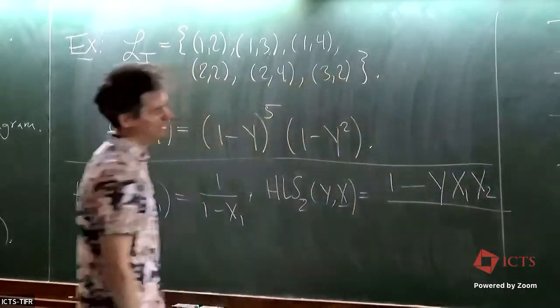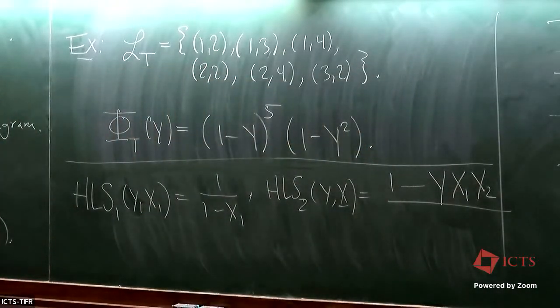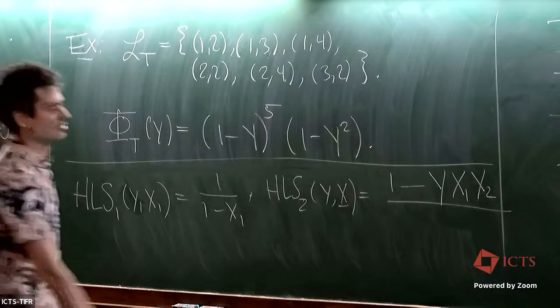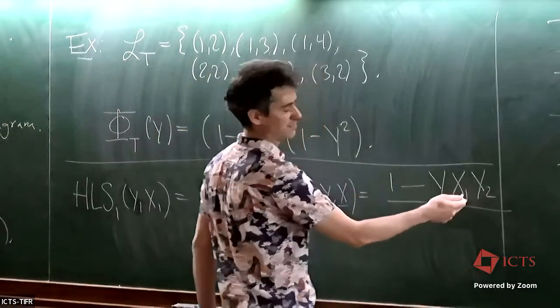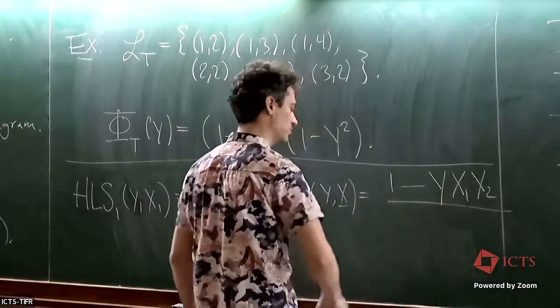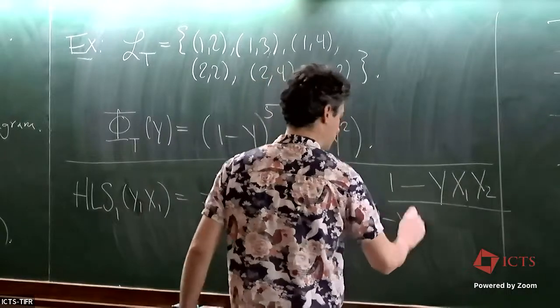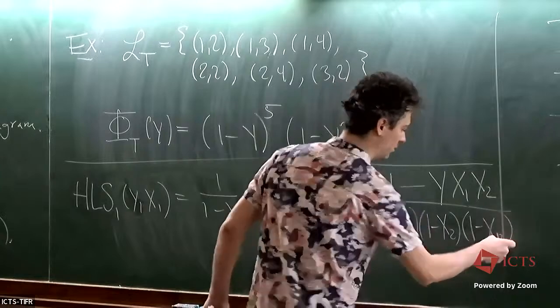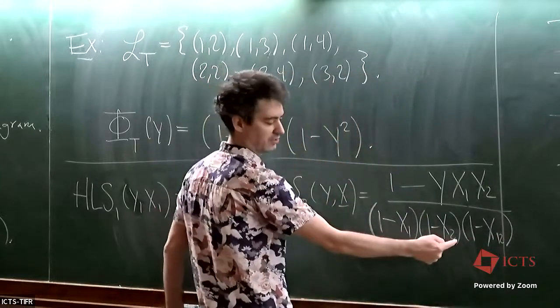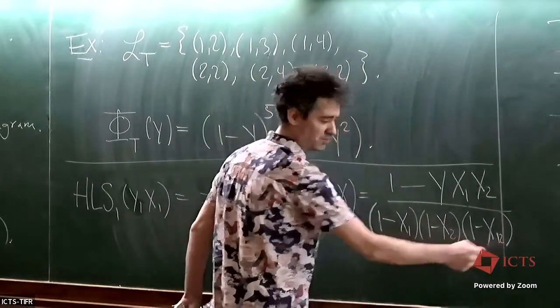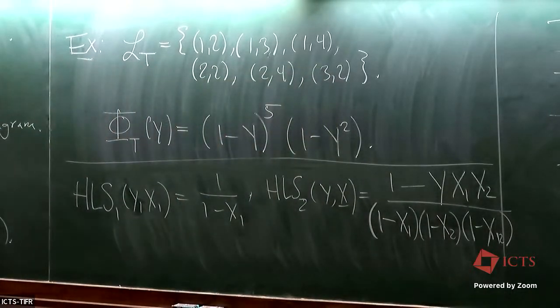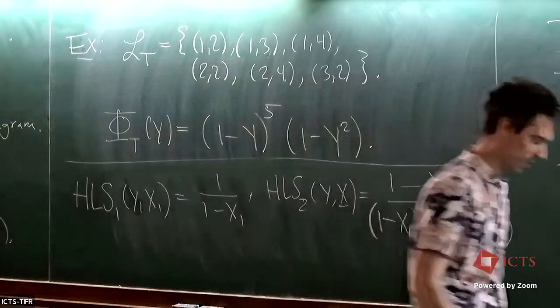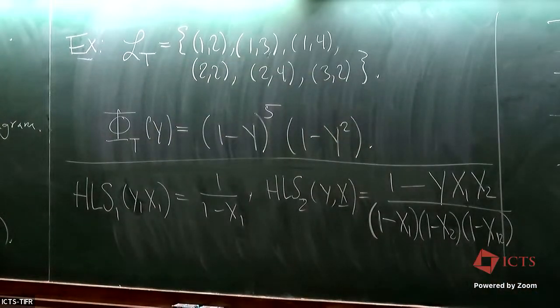So we get that as our numerator, 1 minus y, x1, x2. The values here correspond to sets: the singleton 1, the singleton 2, and then we have 3 factors in the denominator, corresponding to the singleton 1, the singleton 2, and then the set 1, 2. We don't keep track of the empty set, and we only have 3 non-empty subsets.